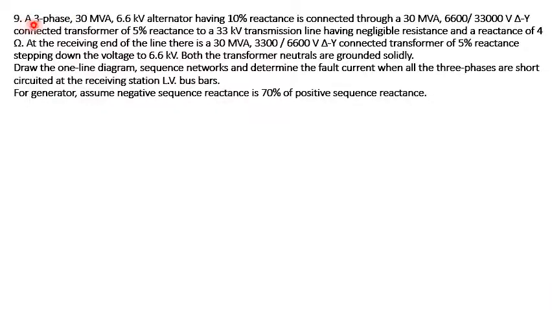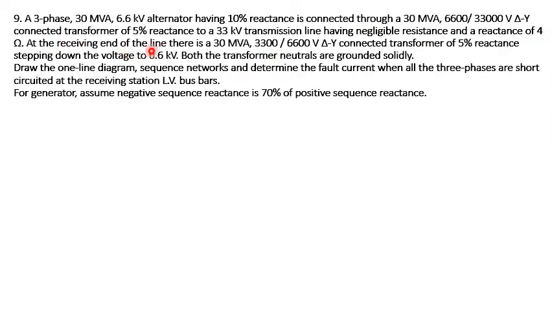Let us consider the numerical. A 3-phase 30 MVA 6.6 kV alternator having 10% reactance is connected through a 30 MVA 6600/33000 volt delta to star connected transformer having a reactance of 5% to a 33 kV transmission line with negligible resistance and a reactance of 4 ohm.